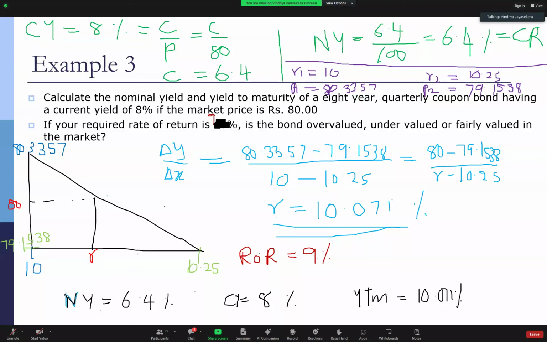This is the part where you don't have to do any calculations. Overvalued, undervalued, or fairly valued.